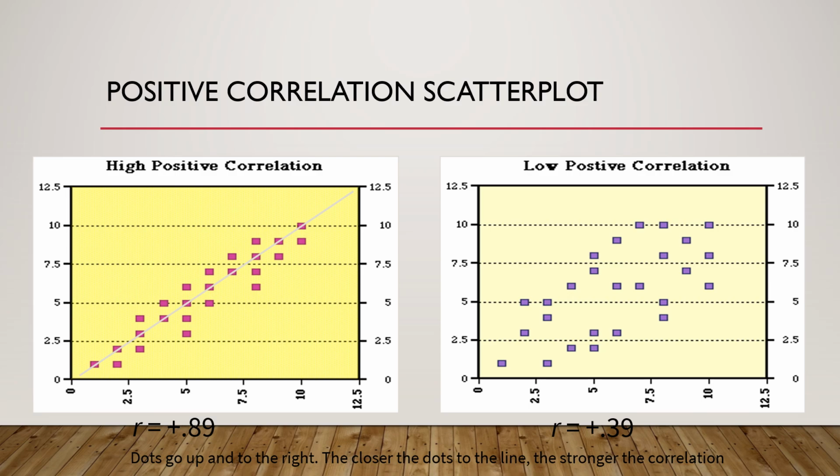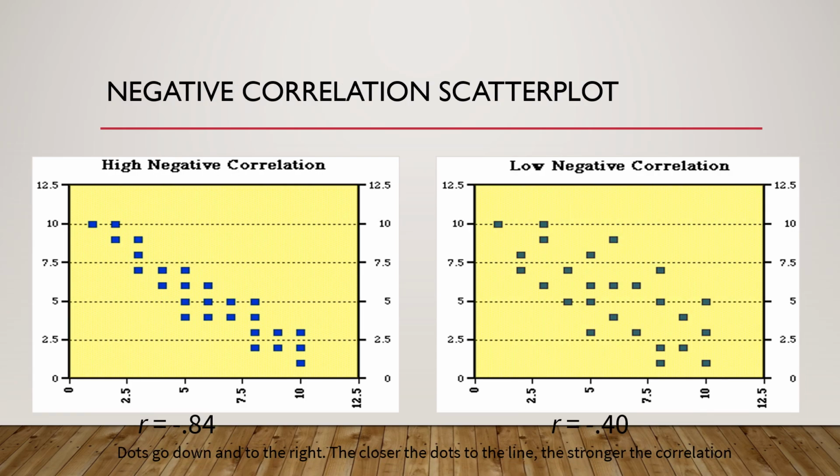Whereas when you have a low positive correlation, yes, there is a general trend line through it, but there's a lot of error. There's a lot of difference of the mean, or squared difference from that regression line. So you can see the spread increases, which decreases the R effect size down to a 0.39.